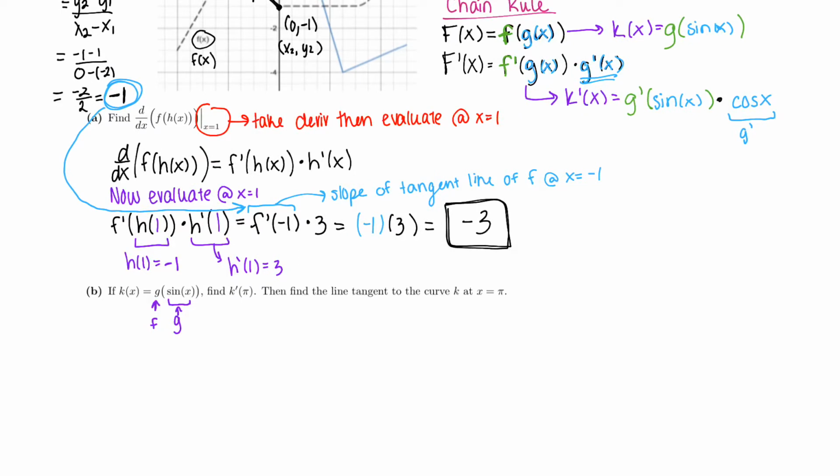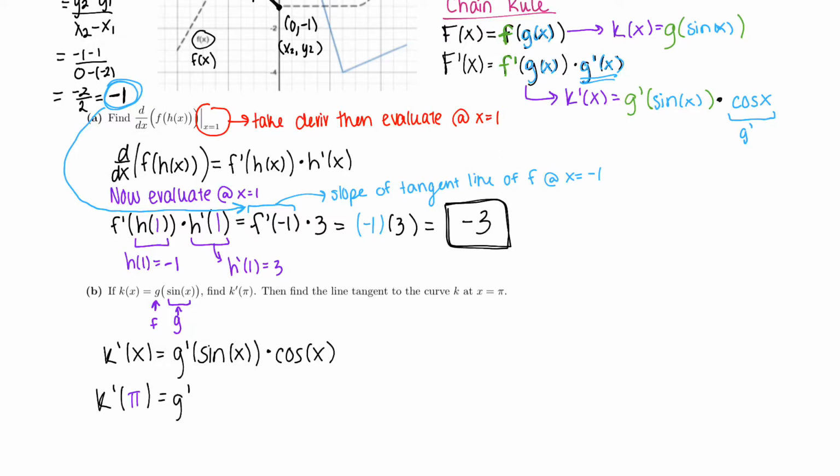So we're going to find k prime of pi. So k prime of x, without plugging anything in, is g prime of sine x times cosine x. k prime of pi would be plugging pi in.